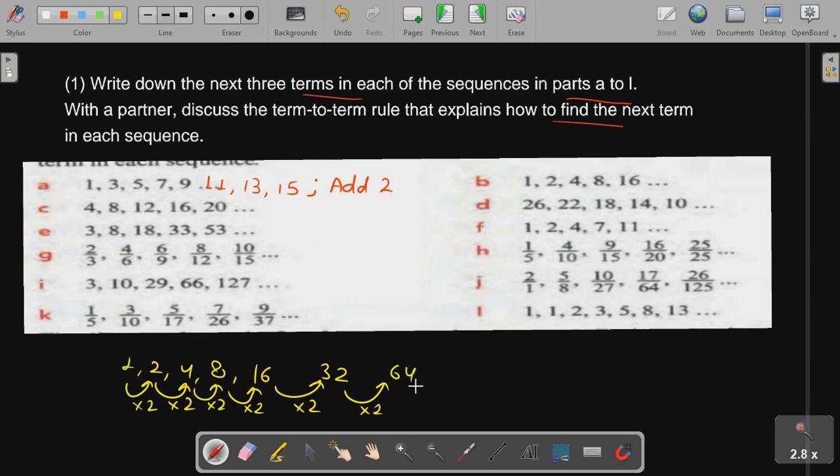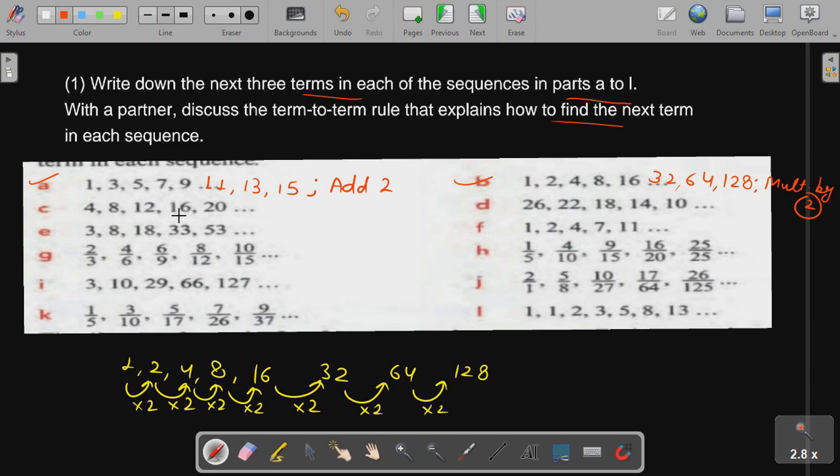So the next terms are multiply by 2, which is 32, multiply by 2, which is 64, and multiply by 2, which is 128. The rule we follow is multiply by 2. Okay, so this is all we have done.